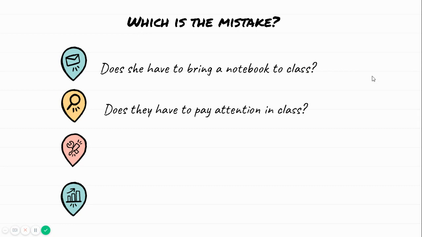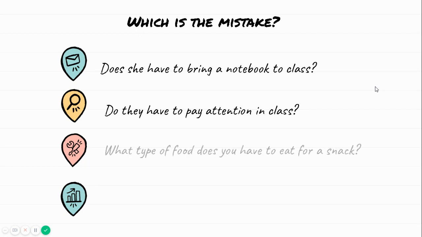Does they have to pay attention in class? Obviously the mistake is there, right? Because we should be saying, do they have to pay attention in class? What type of food does you have to eat for a snack?